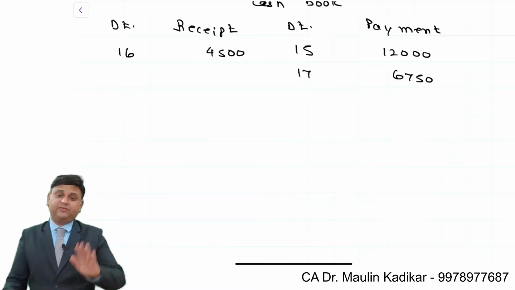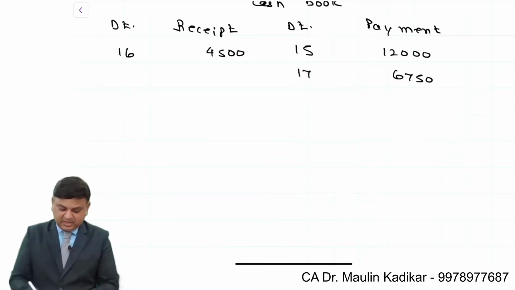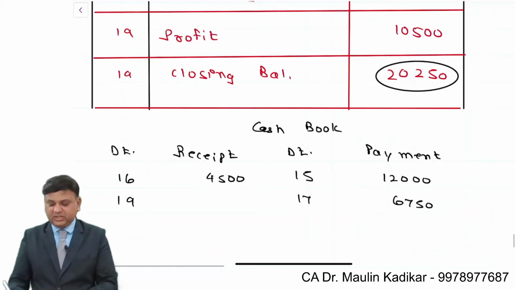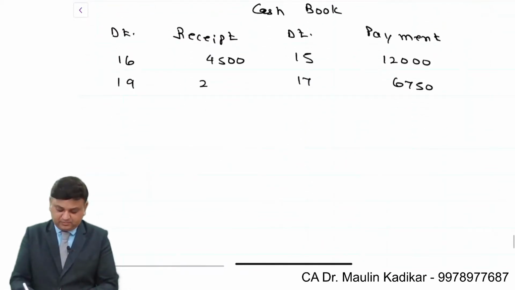Now on 19th, you square up the contract. So on 19th, you will be given 20250.